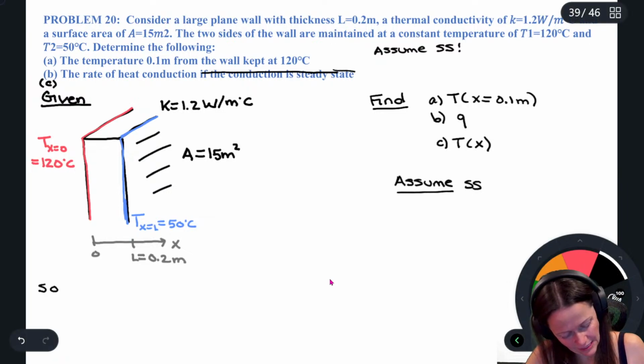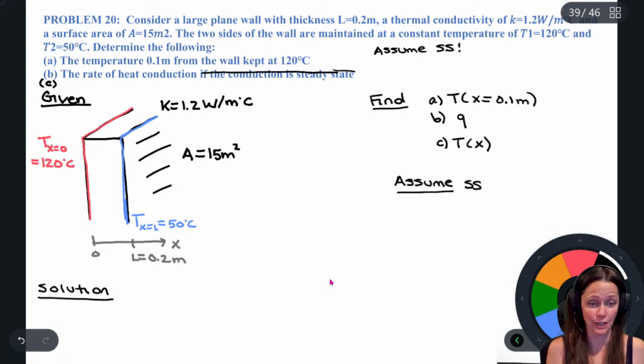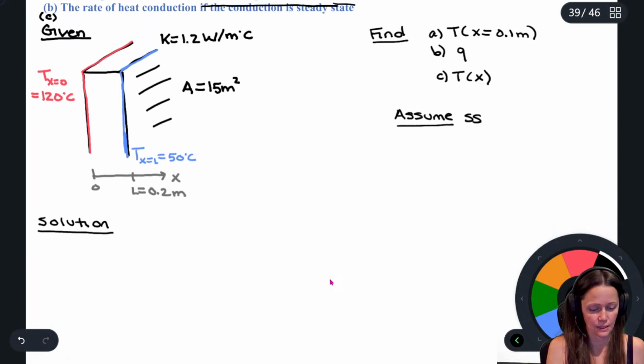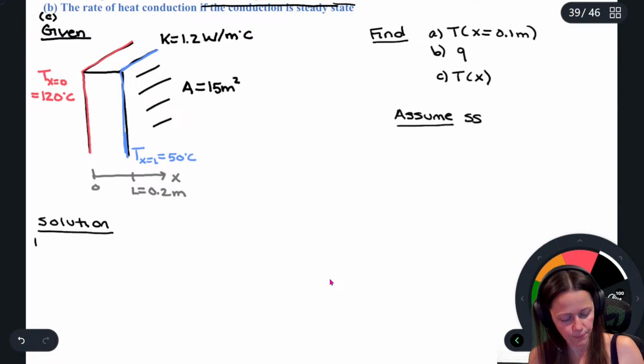All right, and so now let's start solving for this. I'm just going to start solving for that temperature distribution. In order to do that, I need to apply my heat diffusion equation. So let's do that.